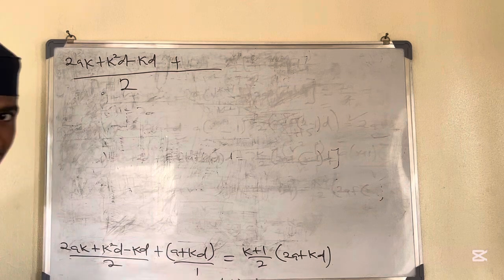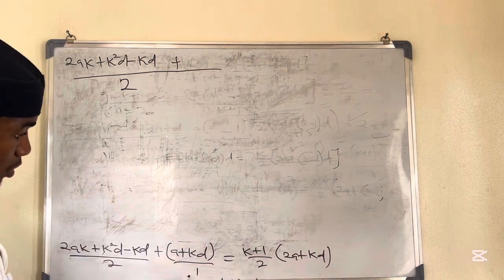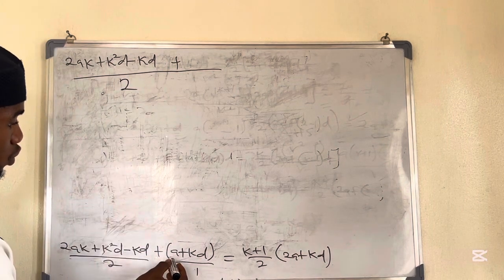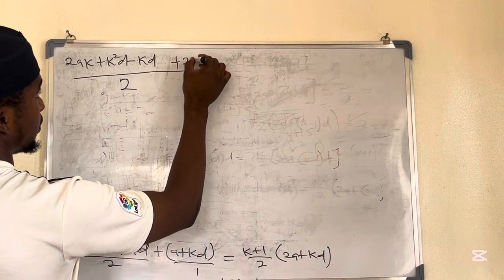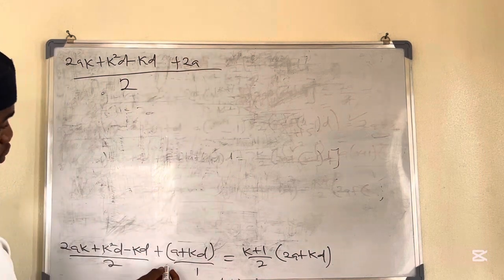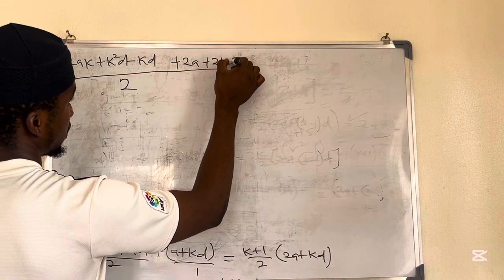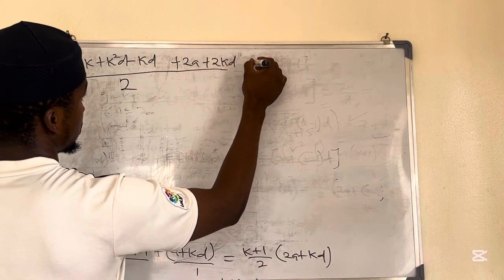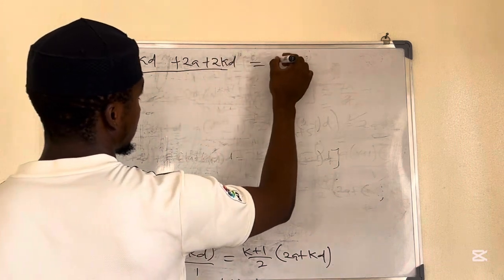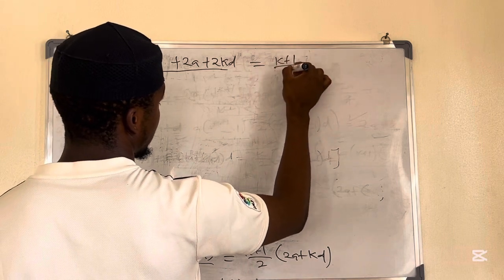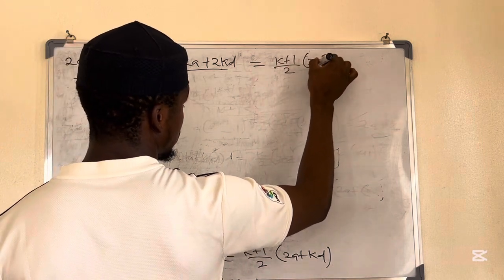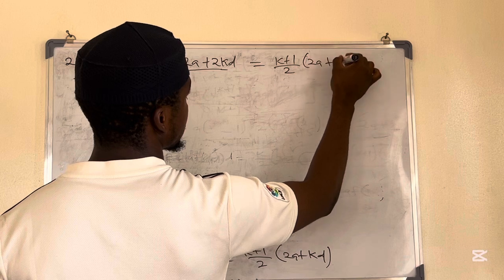You now have to look for LCM now. 2 divided by 1, we have 2. Then 2 multiplied by a, we have 2a. Then 2 multiplied by kd, we have plus 2kd, which is our right hand side equals to what? k plus 1 over 2 into 2a plus kd.